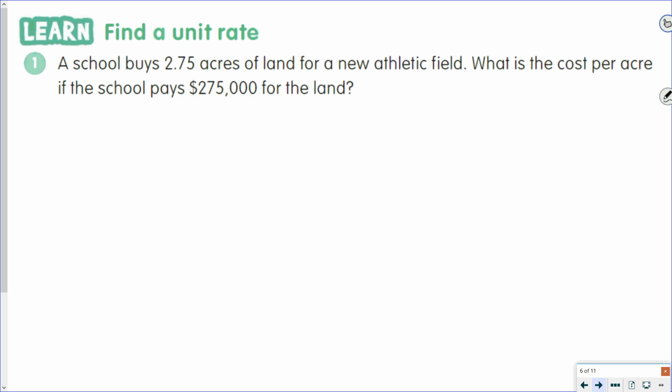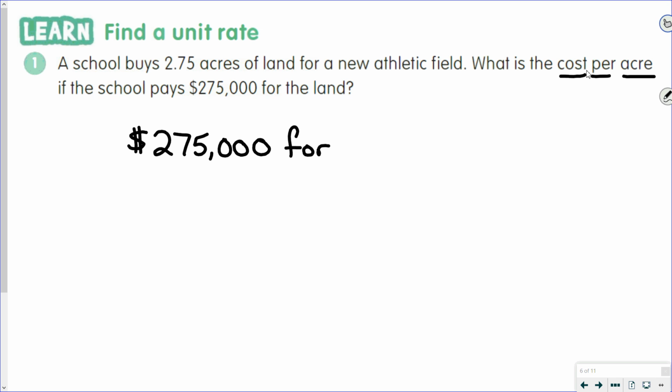Okay. A key word in these is the word per. And if you can find the word per in the question, that'll help you set up your rate. Okay. So since this is cost per acre, we want to put the cost first. So the cost is our $275,000 per, or in this case, I'm going to use the word for.